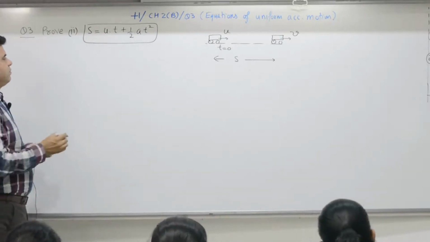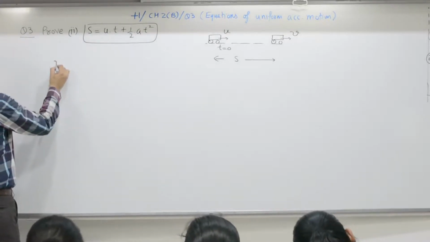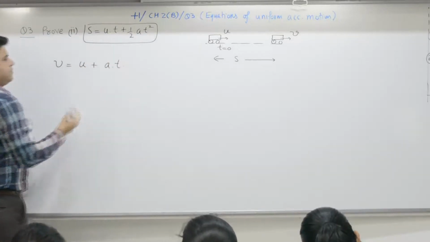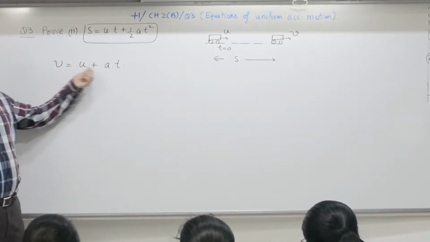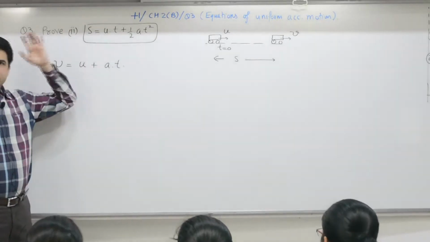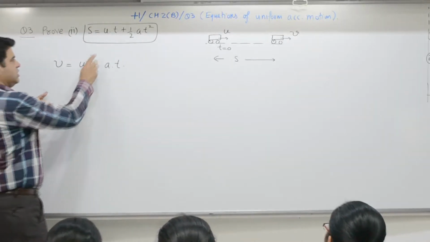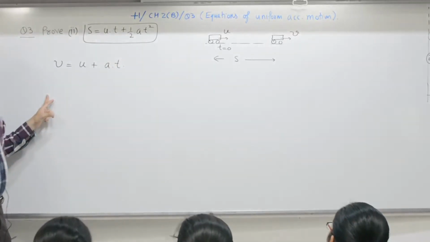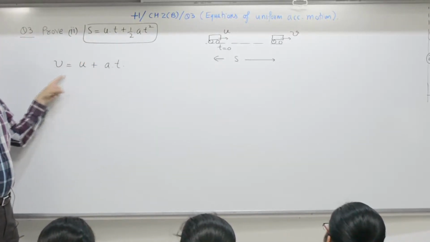First step: the previous one you have already proved, v is equal to u plus at. This is from where you start, this is where you have to end up. So in this equation u is there, a is there, t is there. In this equation s is not there.